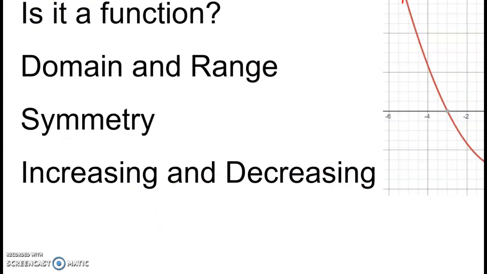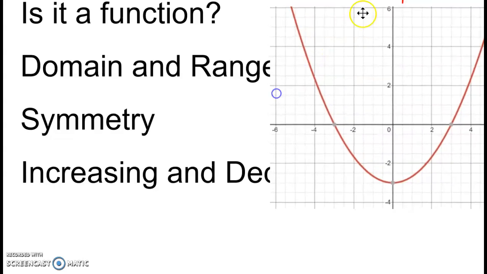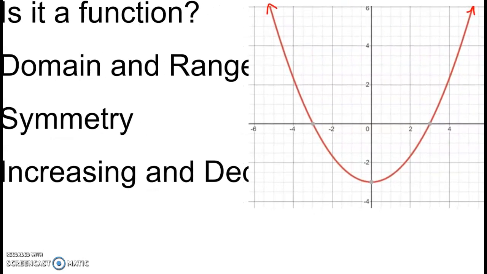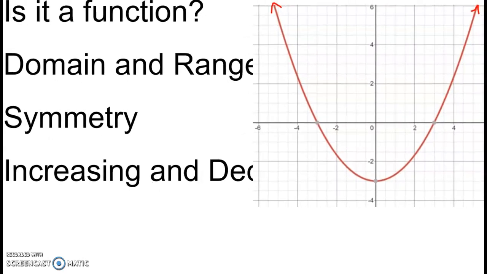Okay, let's look at this one. Oh, well, it'd be nice if that was moved over, wouldn't it? So you could see the graph. Okay, here we go. I lost my little arrows. All right, so is this a function? Absolutely. You can see that it passes the vertical line test.